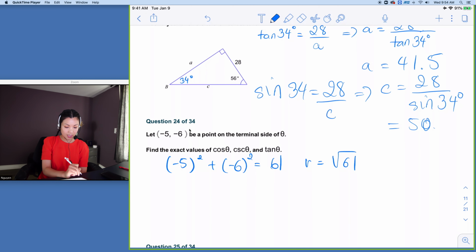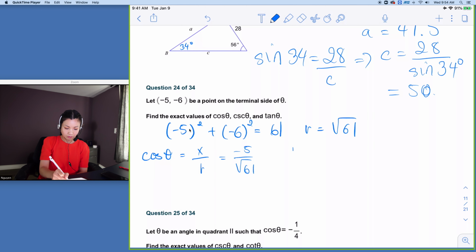Now for cosine of theta, we have x over r. So it's going to be negative 5 over square root of 61.